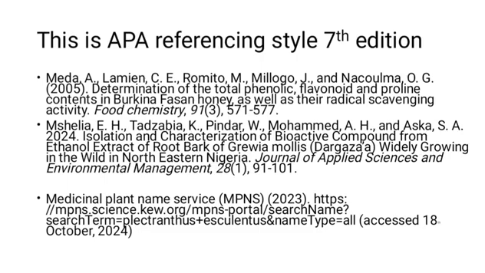Surname initial, surname initial, and then the title, determination of the total phenolic, flavonoid and proline content in Burkina Faso honey, and the radical scavenging activity. See, the name of the journal is Food Chemistry, it's italicized. The volume is 91, the issue is 3, it is bracketed. Volume is italicized. Then the page is written this way.